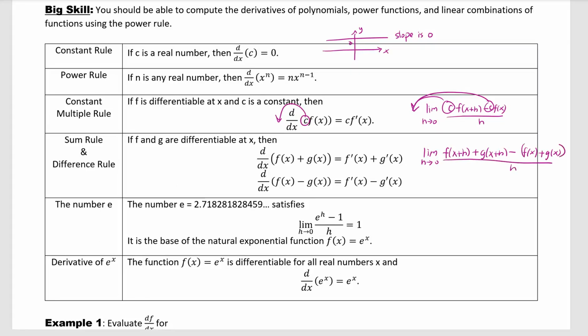Well, what can you do? You can distribute and then you can group them differently, right? You can group this guy and this guy together, and you can group g of x plus h minus g of x together, okay?